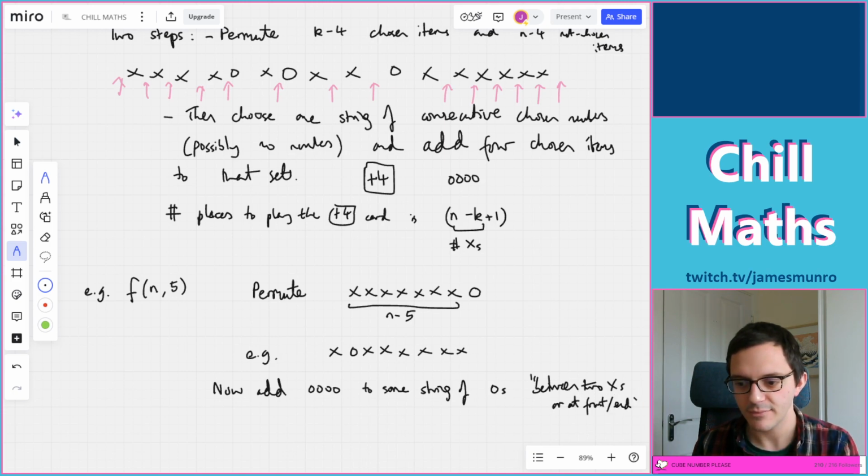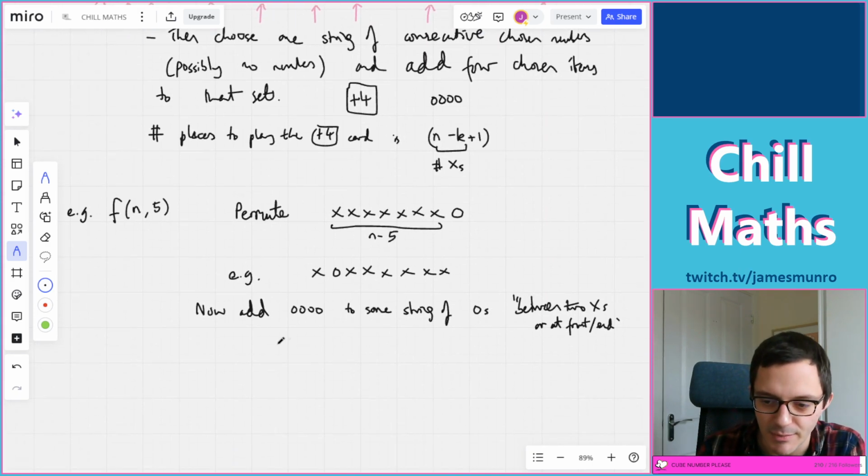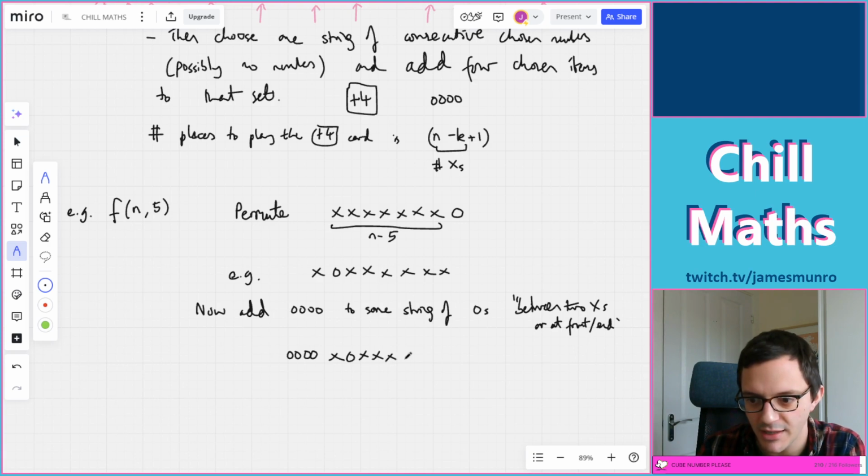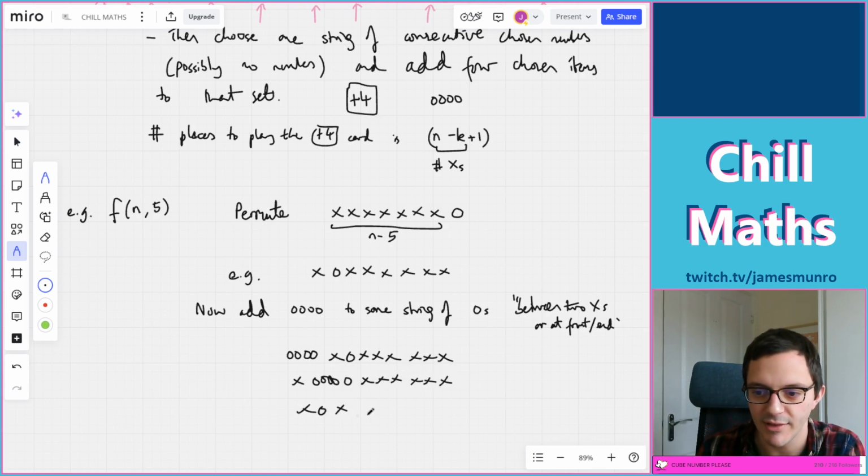There we go. So there's lots of places you can put that. You can put it at the front and then type out this 4, 5, 6. You can add it into this string here and then get the rest of these x's. Or you can leave that one alone and boost the next gap. 1, 2, 3, 4, 5.